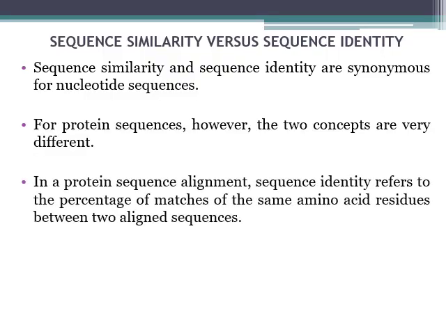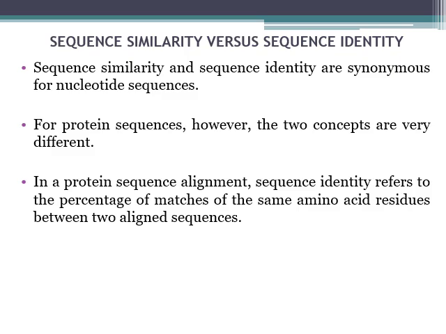In protein sequence alignment, sequence identity refers to the percentage of matches of the same amino acid residue between two aligned sequences. So identical in the case of proteins means that in one sequence there is a glycine and in the other sequence there is also a glycine.